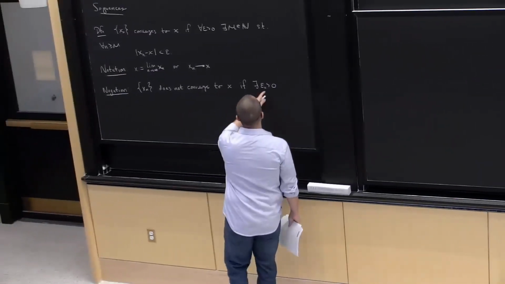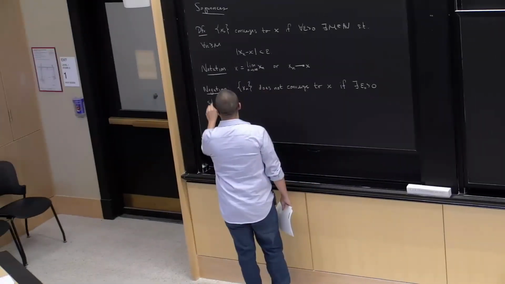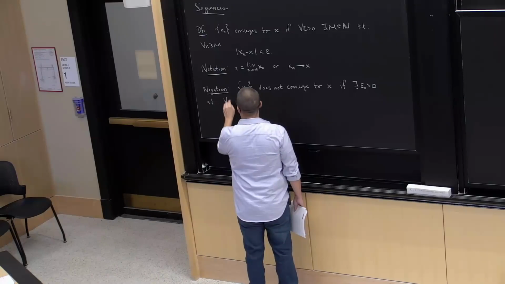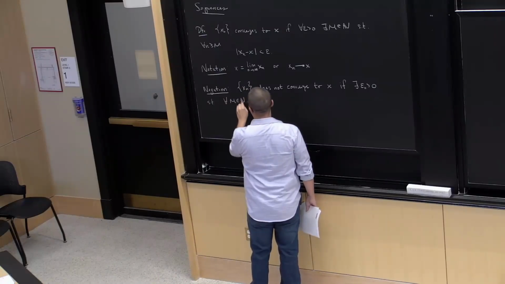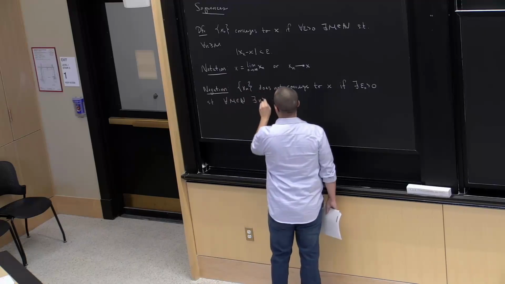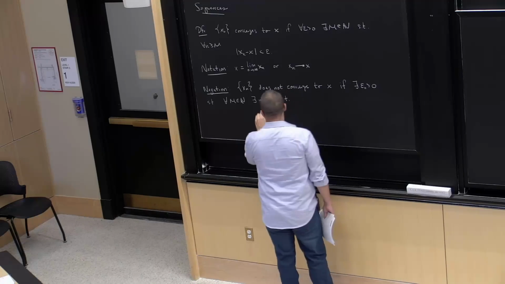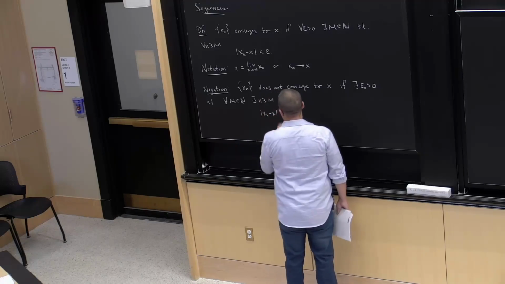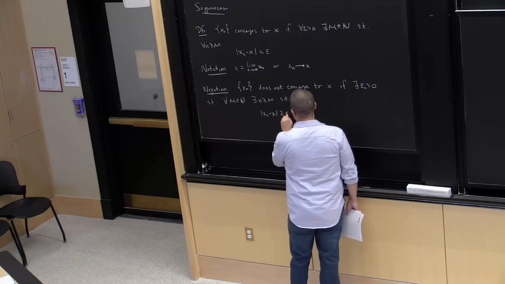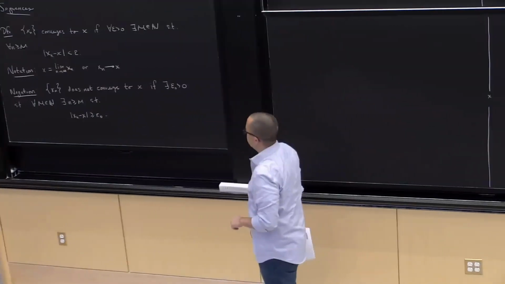So there exists some bad epsilon_0 positive such that for all natural numbers M, there exists an n bigger than or equal to M such that |x_n - x| is bigger than or equal to this bad epsilon_0 in distance.